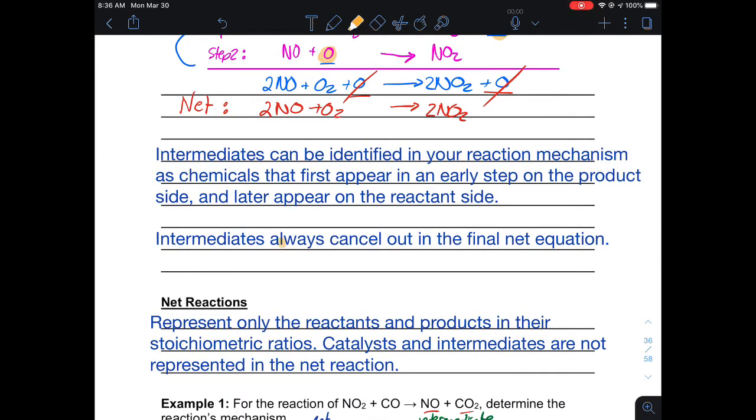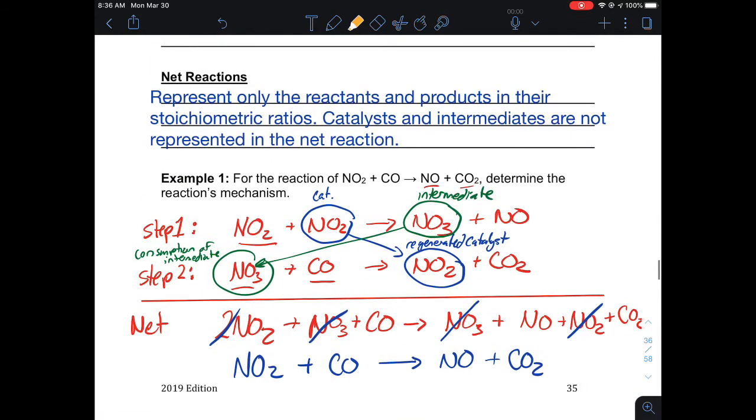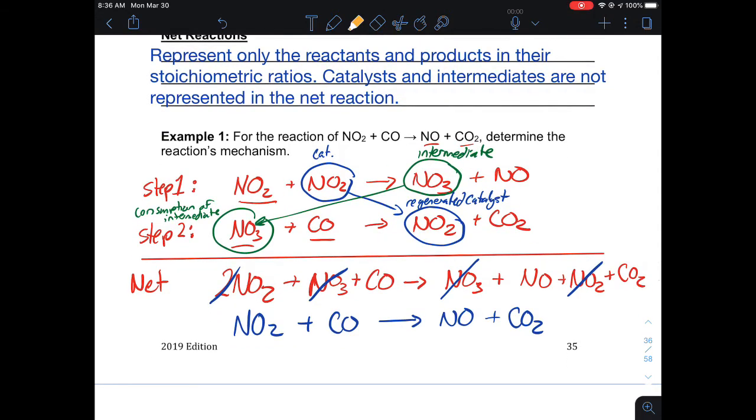They always cancel out in the final net equation. The net reaction represents only the reaction products in their stoichiometric ratios. Catalysts and intermediates are not represented in the net reaction, usually. Sometimes a catalyst might be added, but it'll be added on both the left and the right, so it technically cancels out in a net reaction.